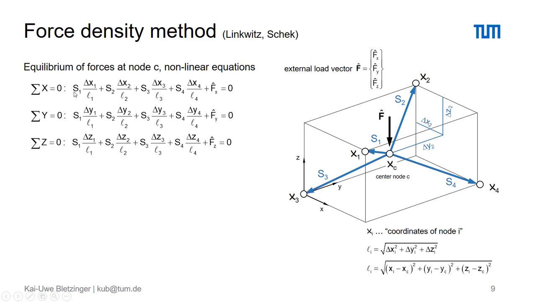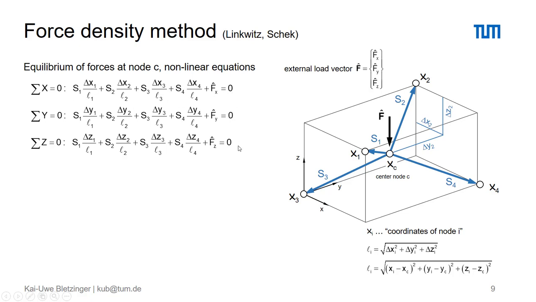So we have the member cable forces S1, S2 to S4, and we multiply them with the directional cosine to receive by this product the x component, the y component, and the z component respectively. We do this for all 4 elements and cable links, and add additionally the external force, and if everything is in equilibrium, then we receive 0.